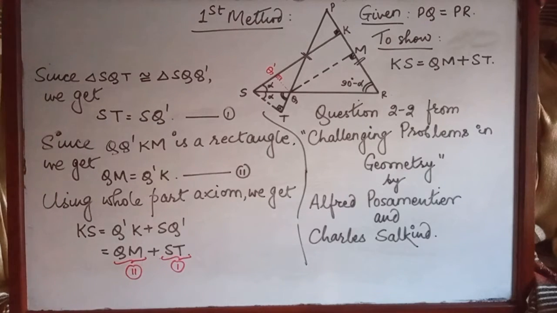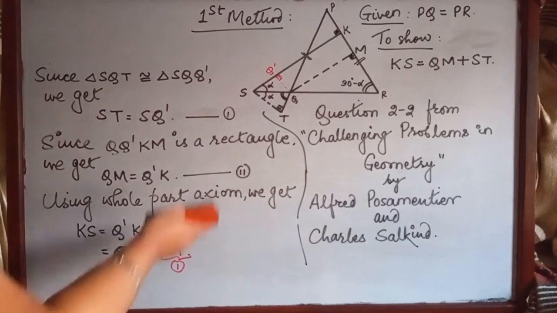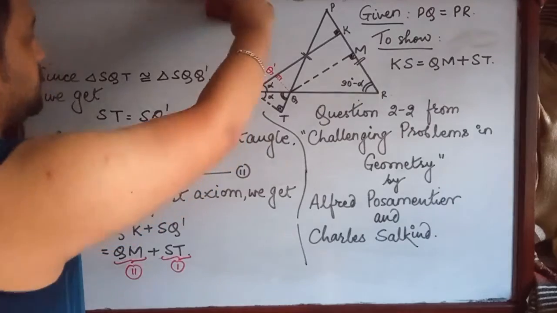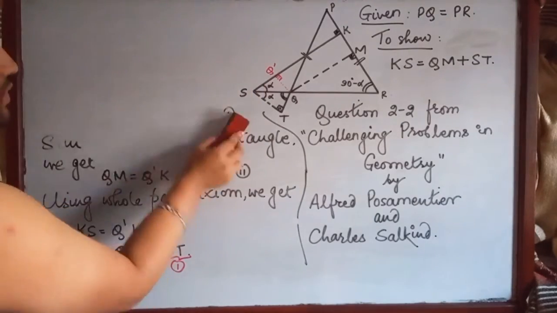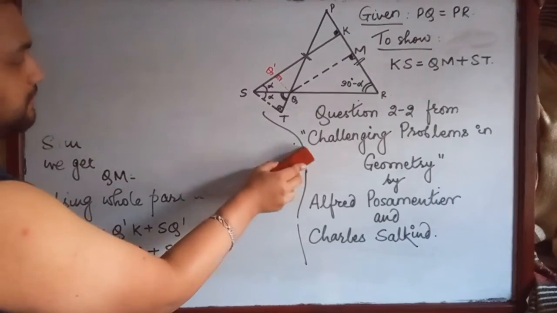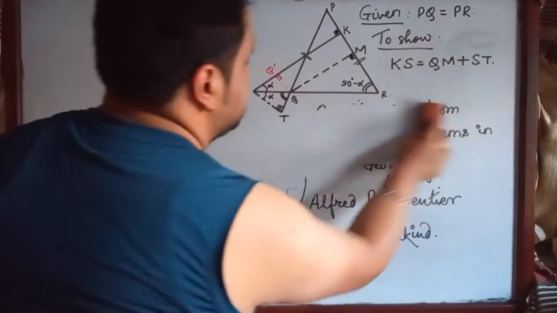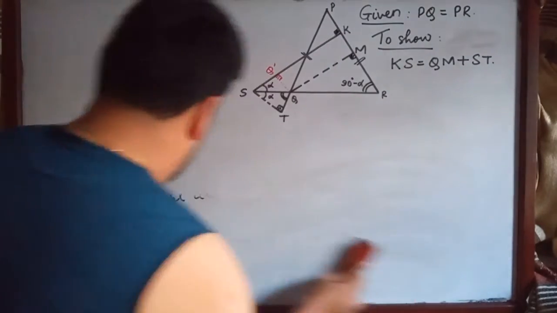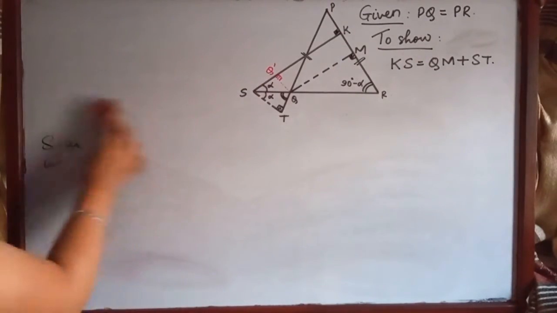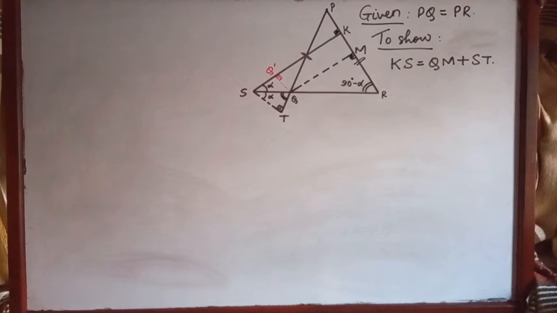Now the second method, and for me it was the easiest method. I hope this is clear. For the second method, let's get rid of this. We don't need more space.